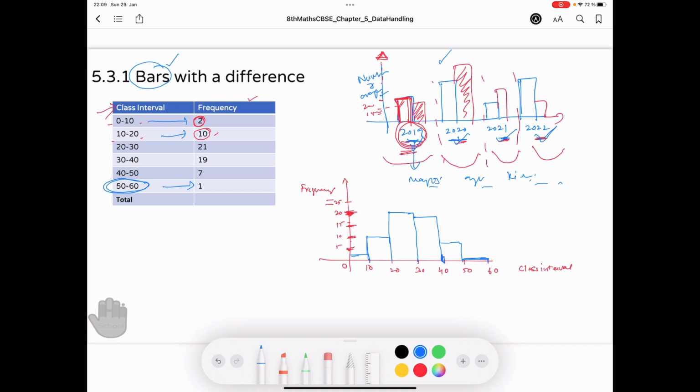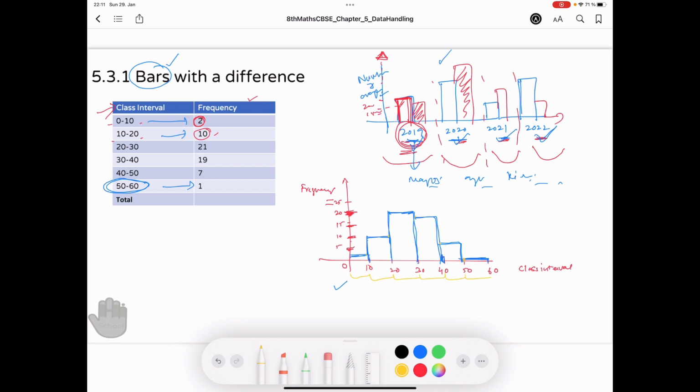But in this kind of a chart, this scale is continuous, and this is why these bars have joined each other. They are adjacent to each other. When class intervals do not have any gap in between, they are continuous in nature, right?